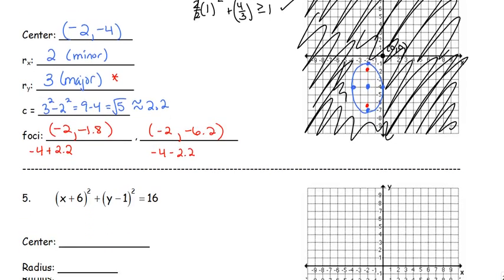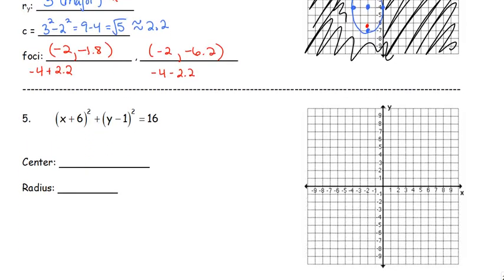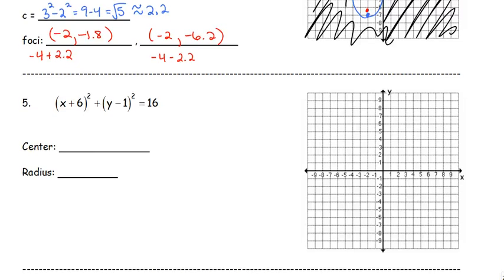Next, we have x plus 6 quantity squared plus y minus 1 quantity squared is equal to 16. We see that we don't have any r of x's or r of y's, or it could have been r of x of 1, r of y of 1, which is kind of there. But we know that this is going to be a circle because the x and the y have the same radius.